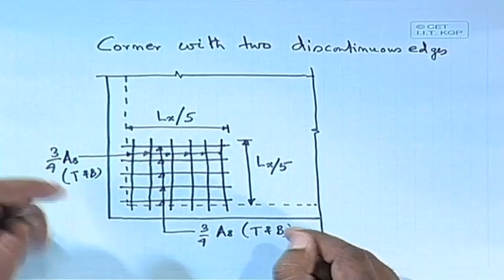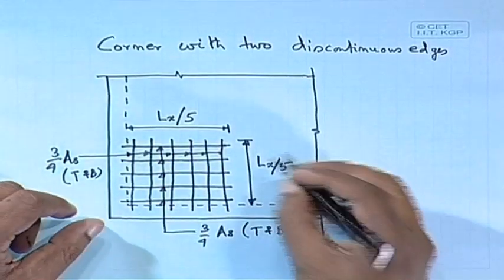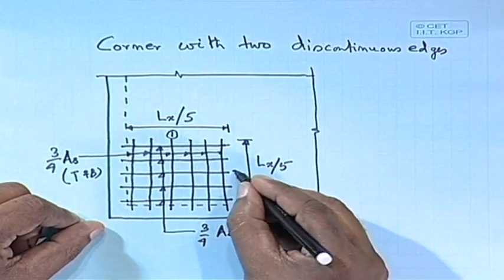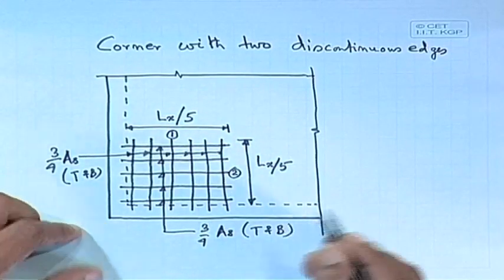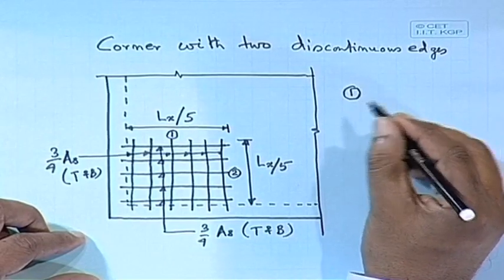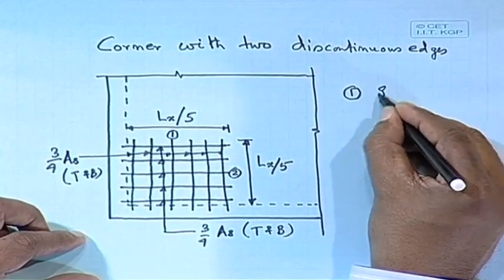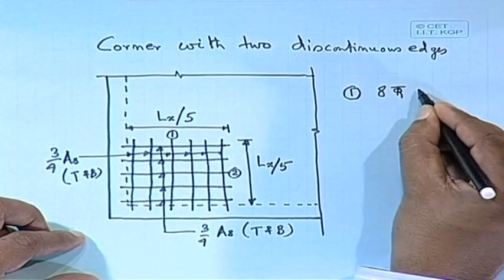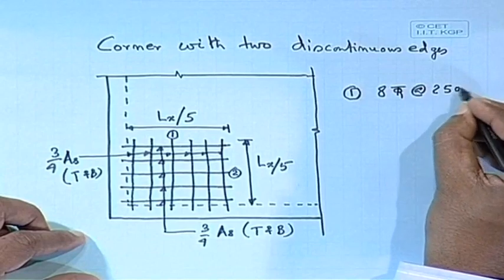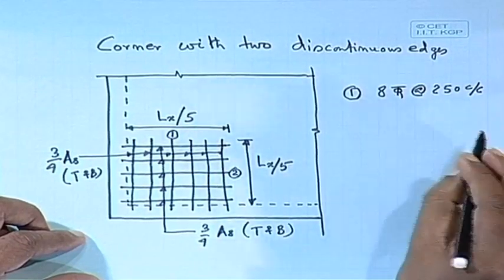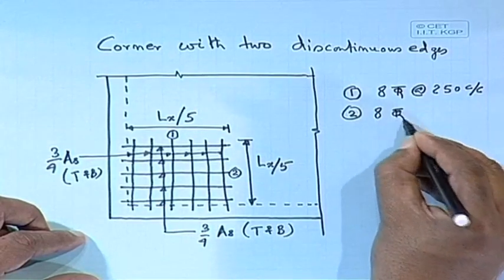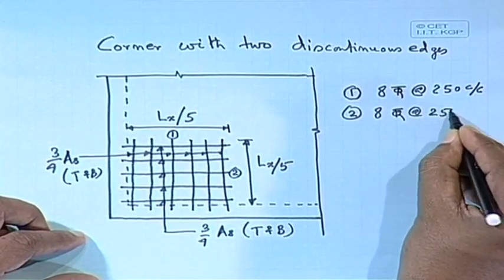Whenever it may be crowded, we simply provide this as 1 and this one as 2. Now what we shall specify here is 1, the bar number, and maybe we are providing 8 torr at the rate of 250 center to center.